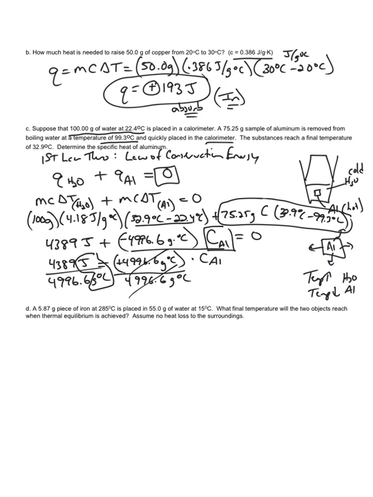So 4,389 divided by 4,996.6, and we get a specific heat of aluminum of 0.878. I'm going to round to 3 sig figs, so I'm going to stop at the 8. So the specific heat of aluminum is 0.878 joules per gram degree Celsius.